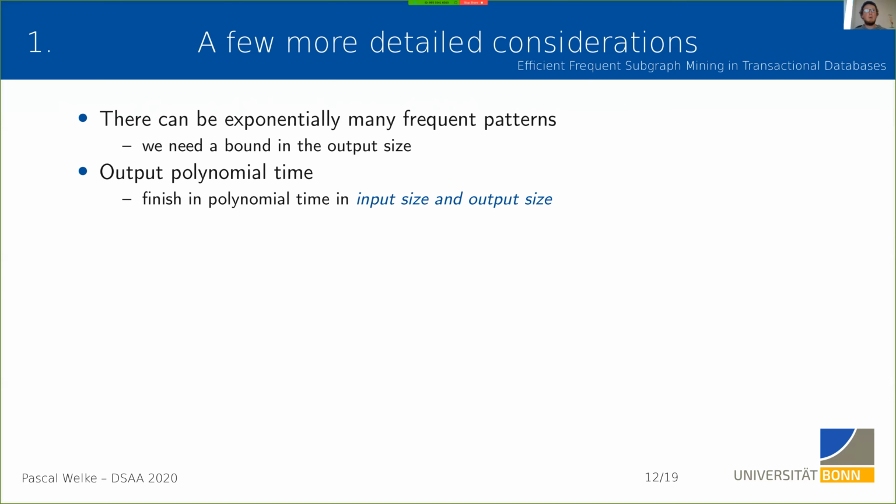So the most general way of defining this would be output polynomial time, where we say our algorithm is efficient if it finishes in a time that is polynomial in the input size and the output size. So basically you compute, and at the end you output all the patterns that you found.